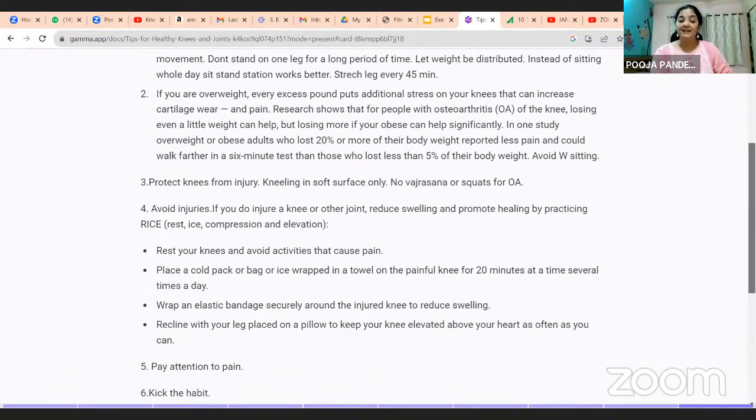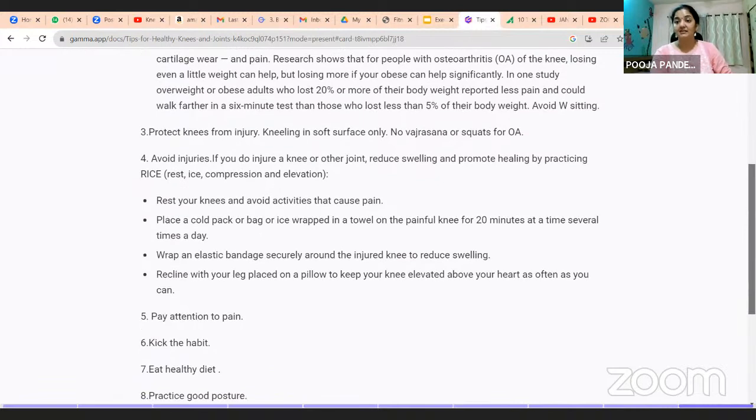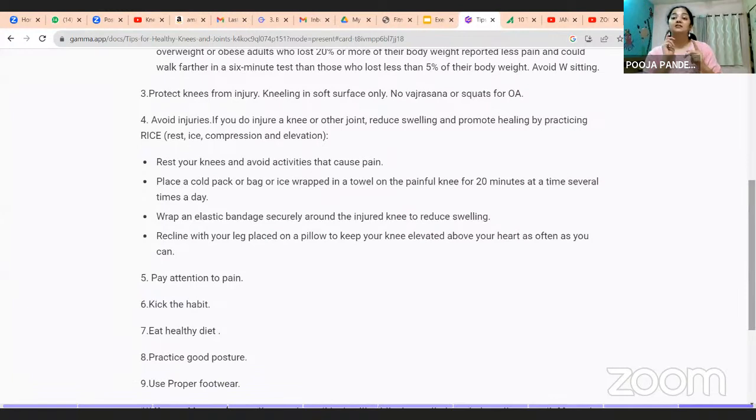Okay. If your pain is not reducing by doing this, make sure you visit your physiotherapist, your orthopedician, and your doctor to bring it down. But remember, don't take a lot of medication if it is not an emergency. Okay. Kick the habit. If you are a smoker or you are alcoholic, then remember that it is also a dehydrating agent.